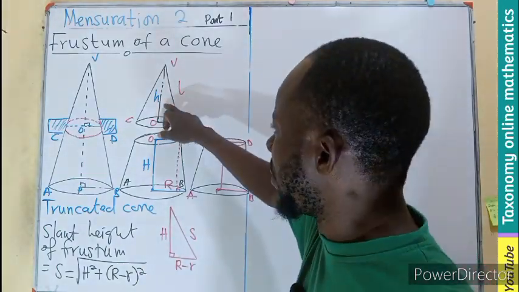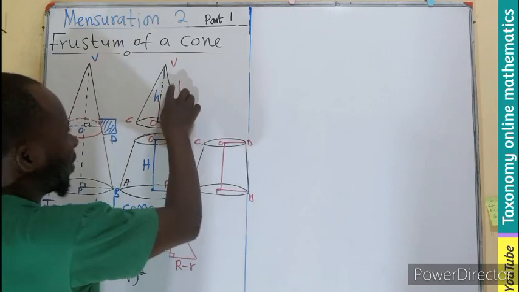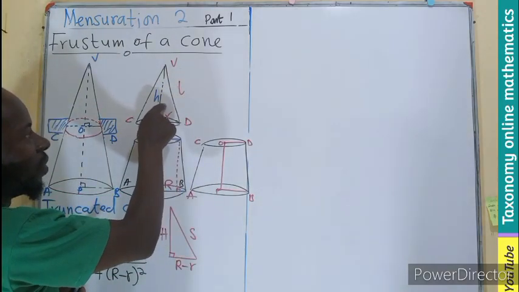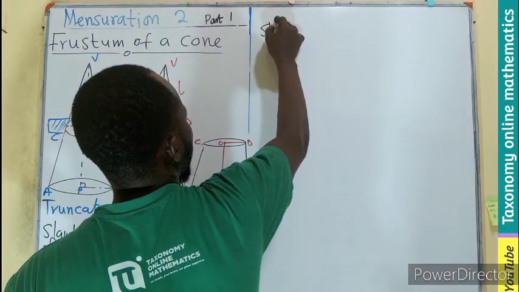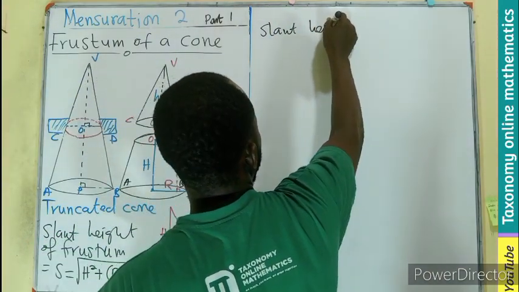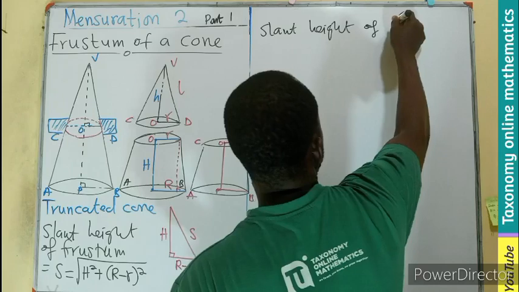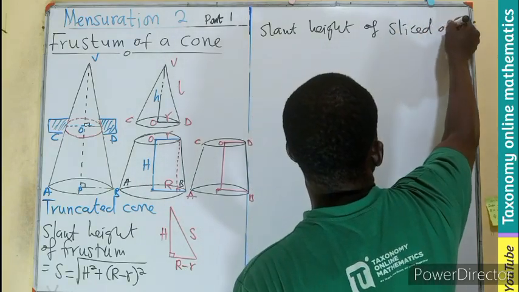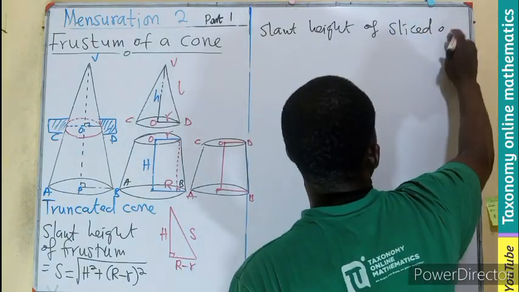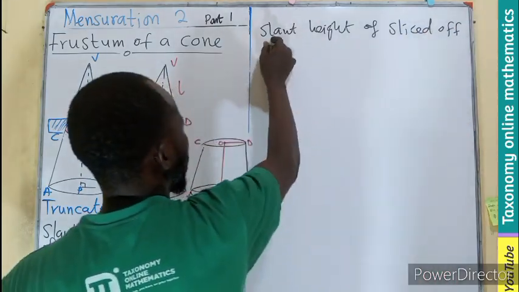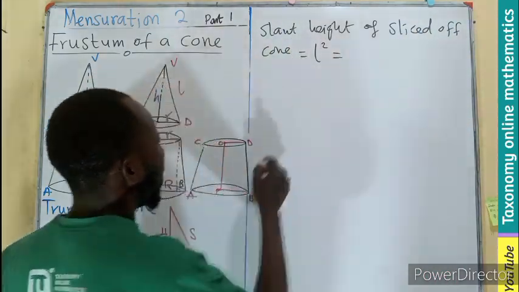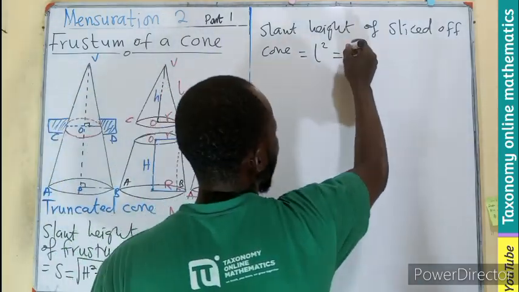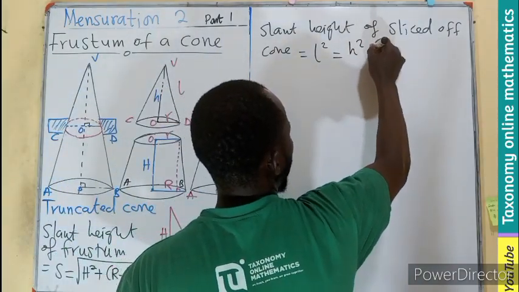We can also deal with the slant height of the sliced off. So if I have the slant height of the sliced-off cone, that is going to be L squared equals H squared plus what?